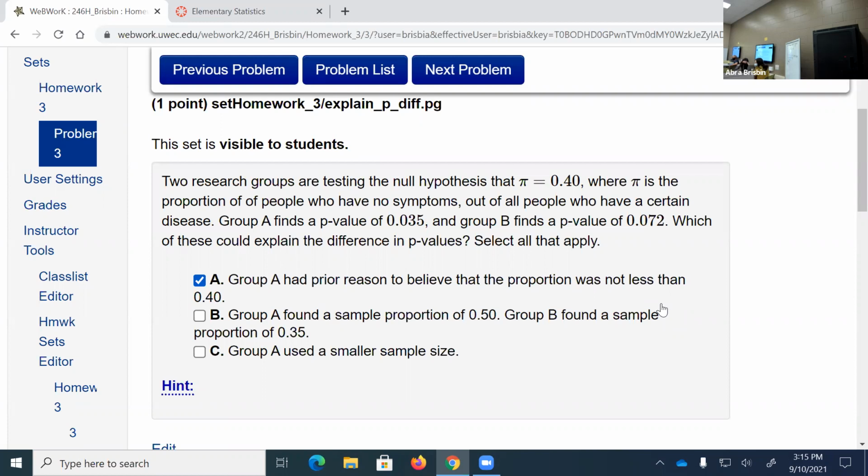So for example, I wonder if COVID has changed the proportion of UWEC students who want to be nursing majors. And maybe it's increased it because it's this real world, really important thing, and they want to go into nursing so that they can help people with COVID.